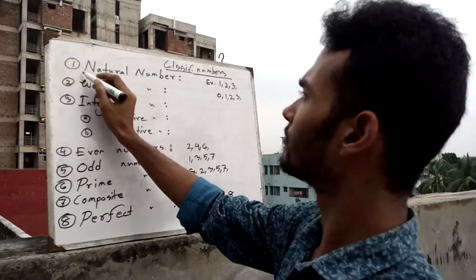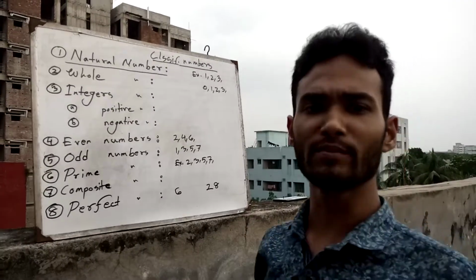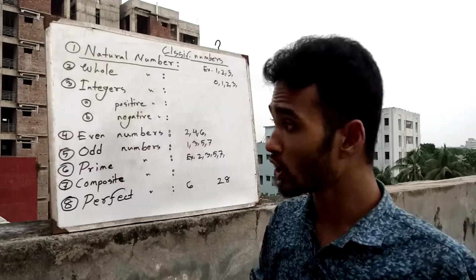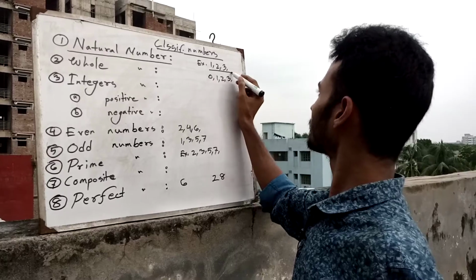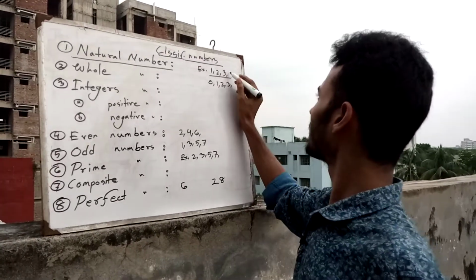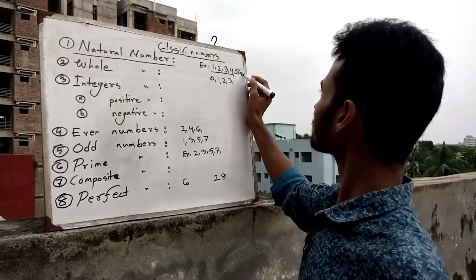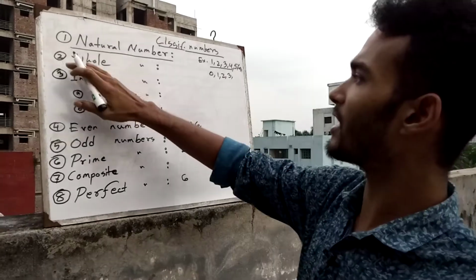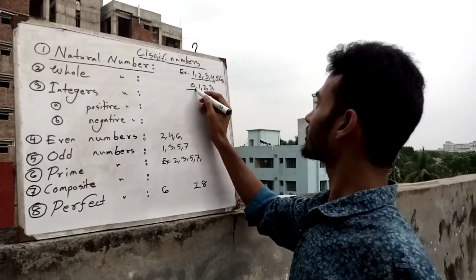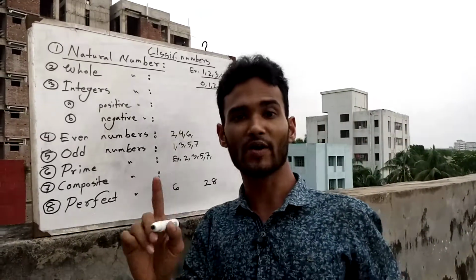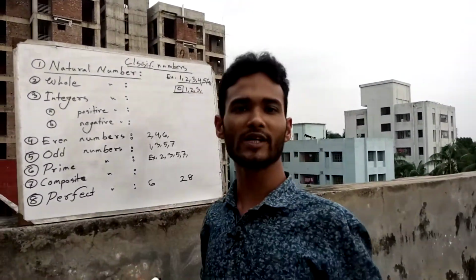First of all, we have to be familiar with natural numbers. All counting numbers starting from 1 are called natural numbers: 1, 2, 3, 4, 5, 6, 7, and so on. The second classification is whole numbers.